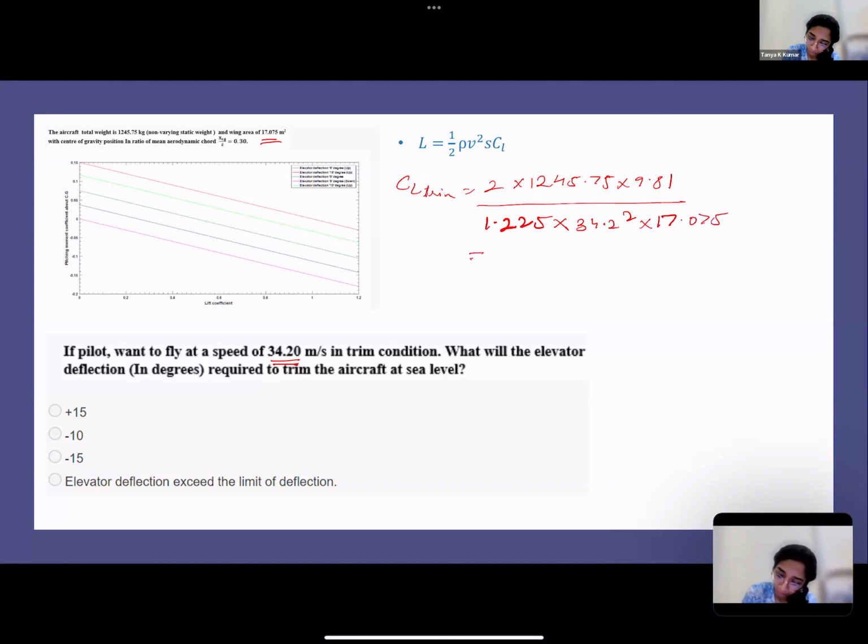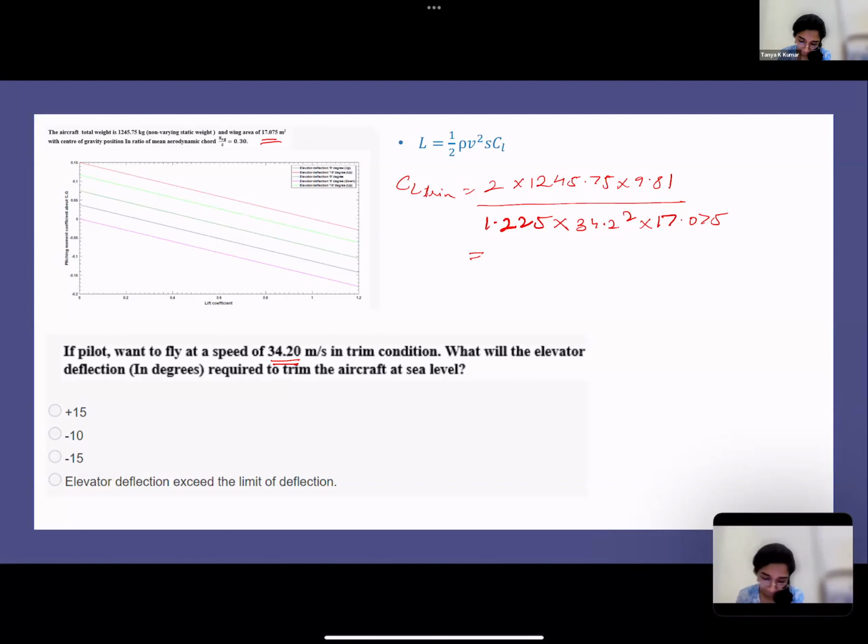Okay. So now let's plug in all of these values and find the answer. Do let me know if I'm going wrong somewhere. So 2 into 1245.75 into 9.81. Remember that the weight is given in kg, so you have to multiply by 9.81, divided by 1.225.